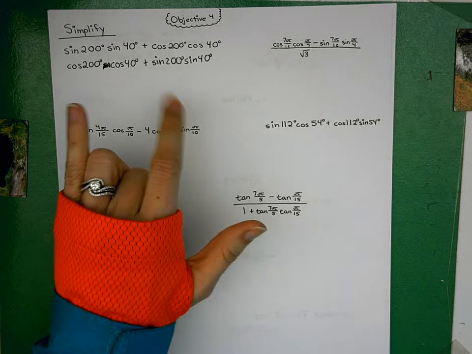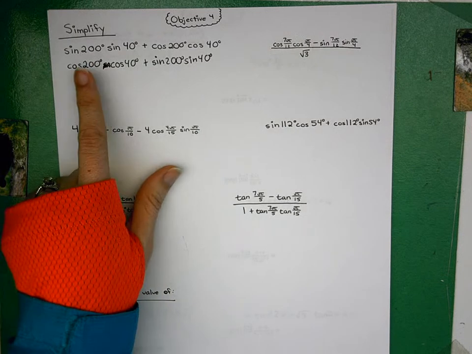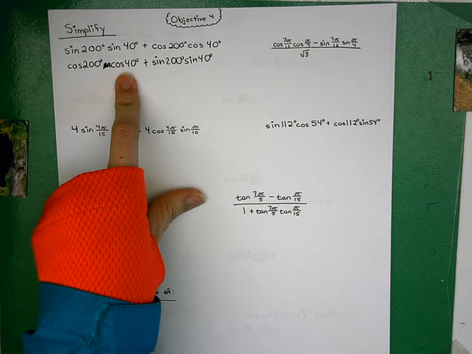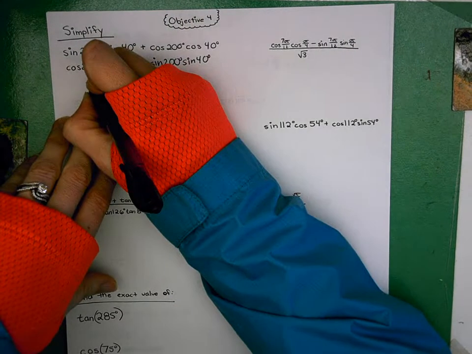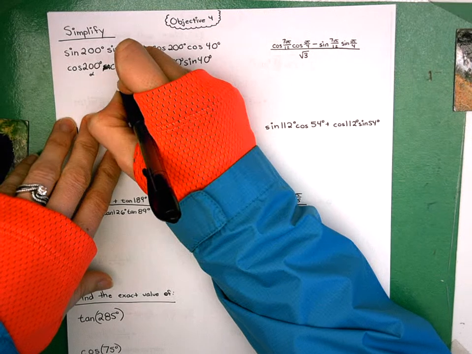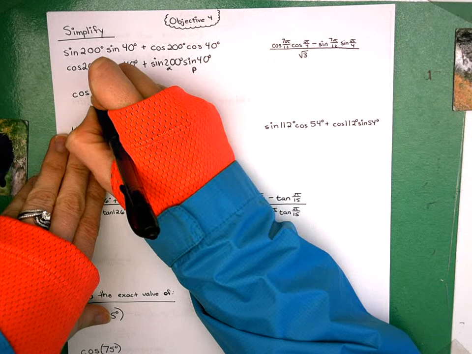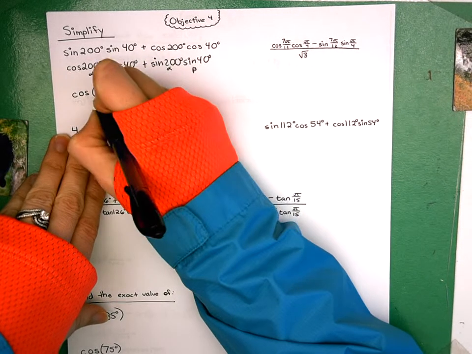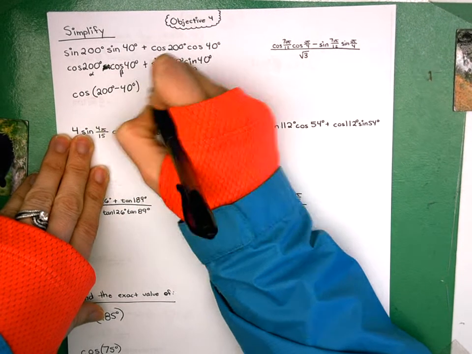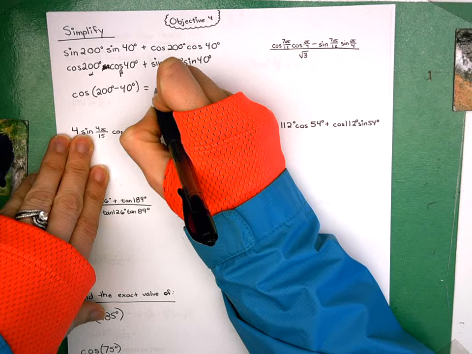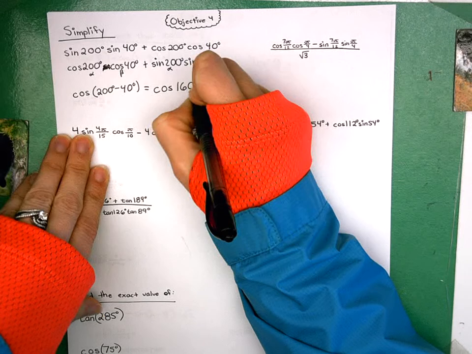And so we're now in our cosine form, so cosine of alpha minus beta equals the cosine of alpha, cosine of beta, plus sine of alpha, sine of beta. And so these here are my alpha, this is my beta, and so reversing that addition law, it would be cosine of 200 minus 40, which is equal to the cosine of 160 degrees.